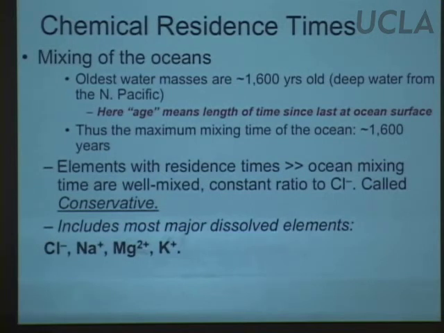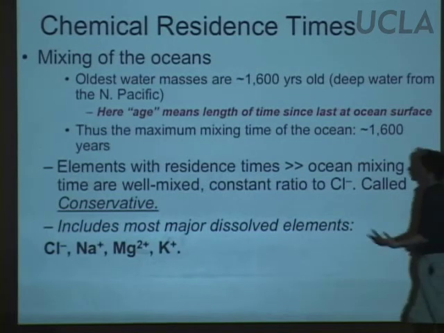It turns out that number is something on the order of 1,000 years. And actually, the oldest water you find in the ocean is mostly found in the deep parts of the Pacific. So you can imagine that the ocean is stirring itself up. If everything's making it up to the surface every 1,000 years or so, then that's kind of the time scale for overturn, for mixing of the ocean.